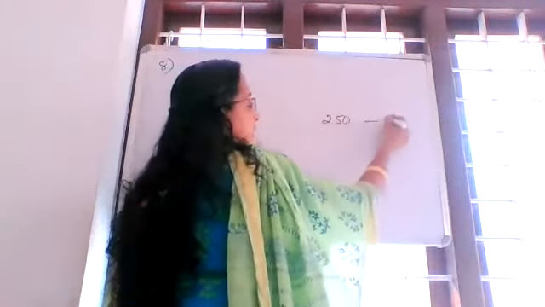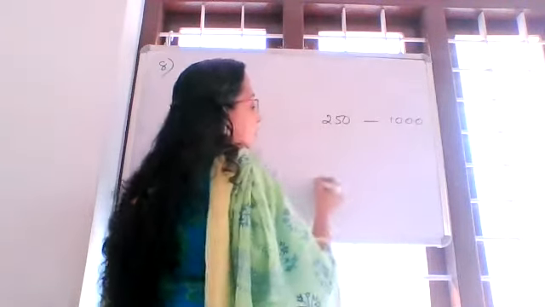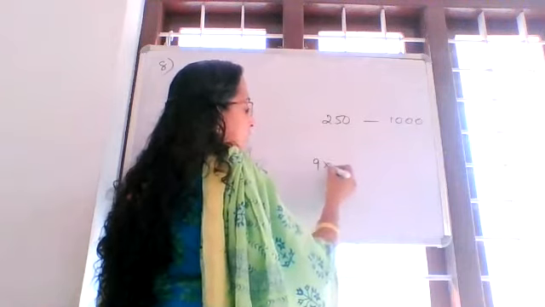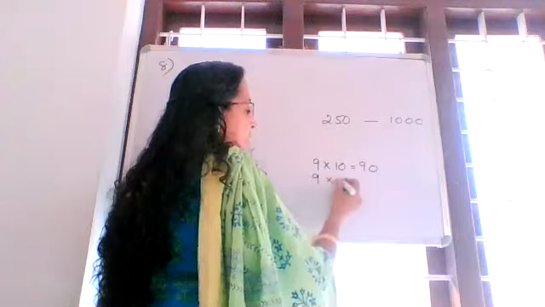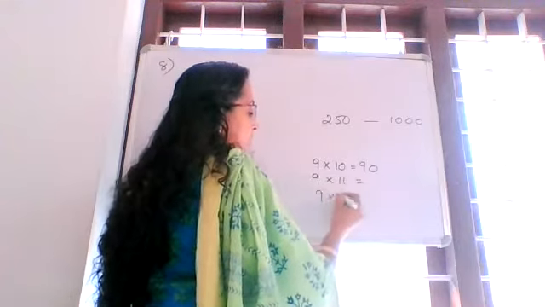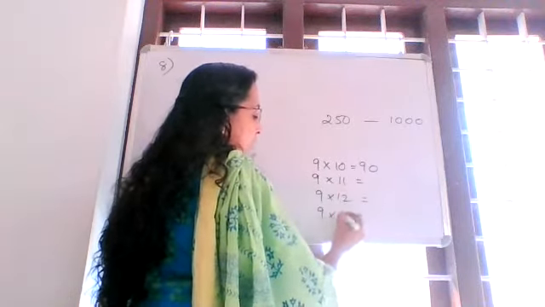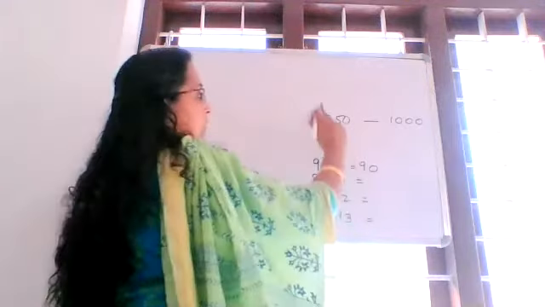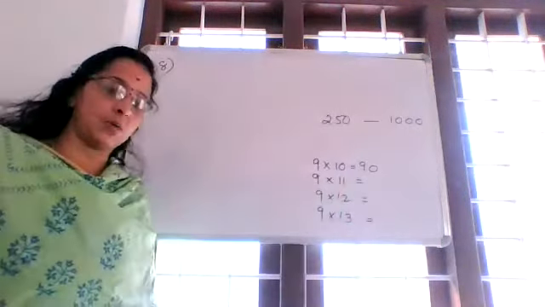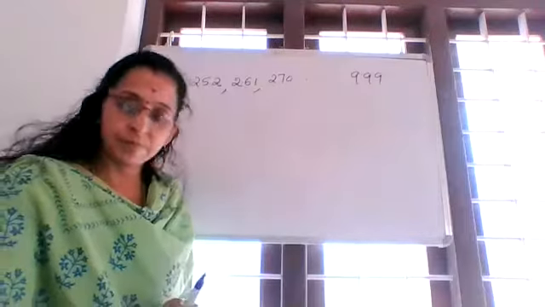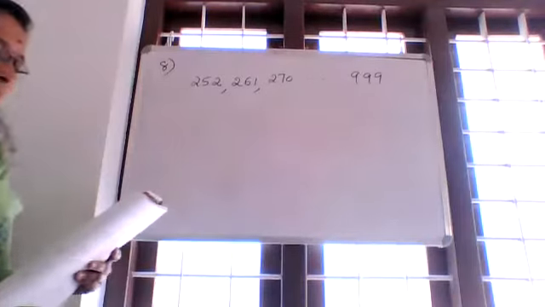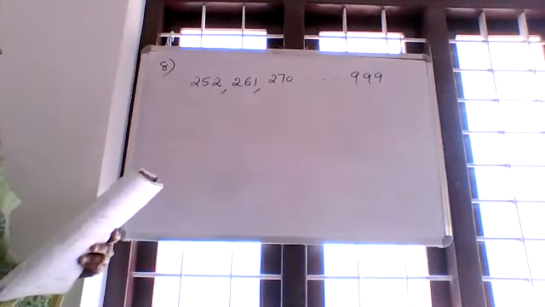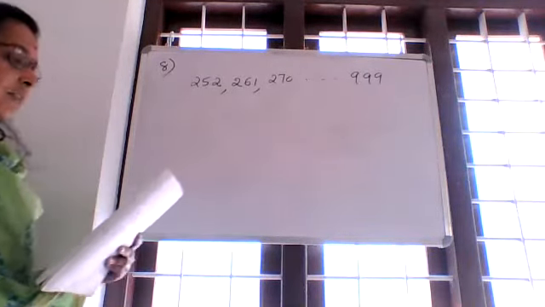In between 250 and 1000, so how can we do this? 9 into 11, 9 into 12, 9 into 13, find out in between 250 and 1000.